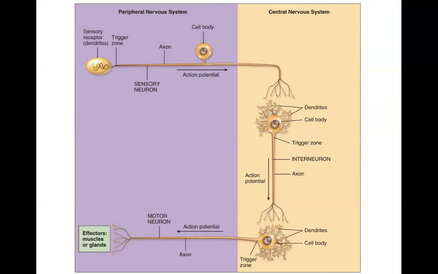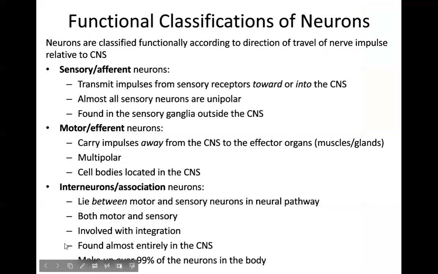These are the ones that make up our brain and spinal cord predominantly, which is why your brain and spinal cord are by far and away the biggest structures of the nervous system. Interneurons are the predominant neurons in the body, 99%. There's also a way to describe them as association neurons. Really, I like the term interneurons a lot better. And that's because of what they do. They lie between motor and sensory neurons in the neural pathway.